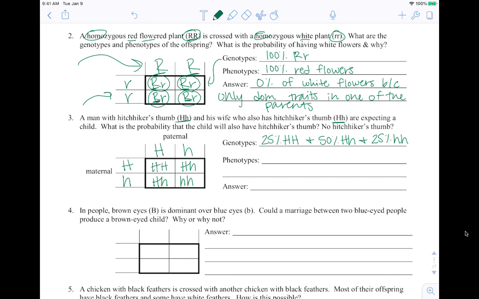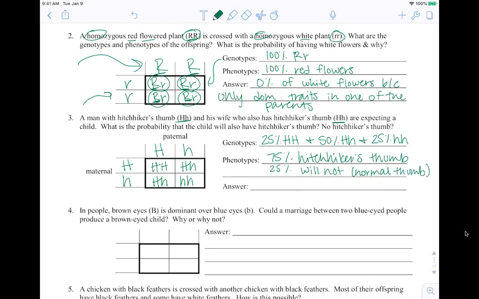So that works out. 25 plus 50 plus 25 is 100. For the phenotypes, it's asking you whether they're going to have hitchhiker's thumb or not. We know that 75% of them will have hitchhiker's thumb, and we know that 25% will not. So that's going to be like a normal thumb.